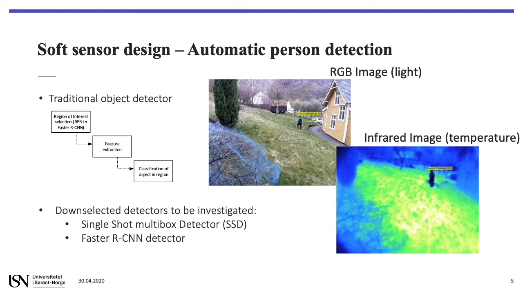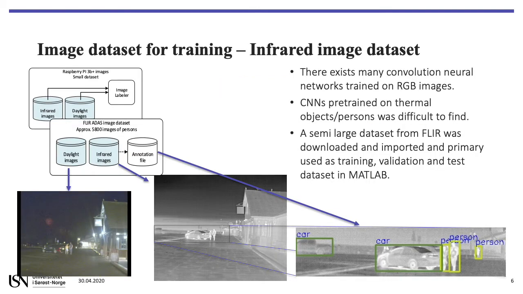Our down selection of detectors that we would like to investigate was the single shot multibox detector, which was selected based on its speed and accuracy and memory use. And the faster RCNN detector was selected based on its accuracy. To have an object or a person detection on a thermal camera, you need a data set to base the training on.